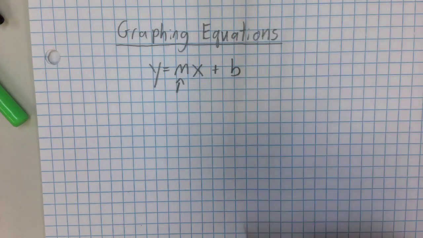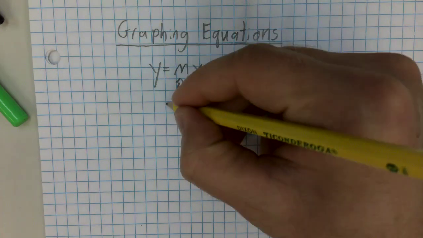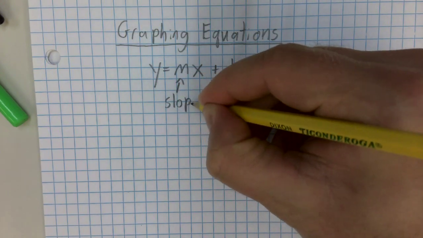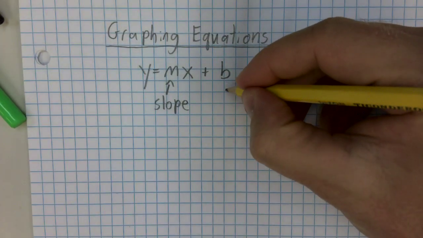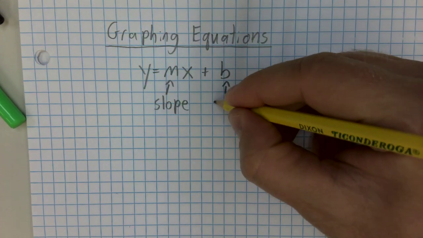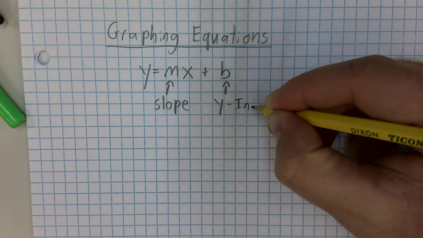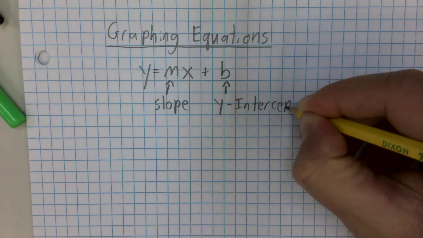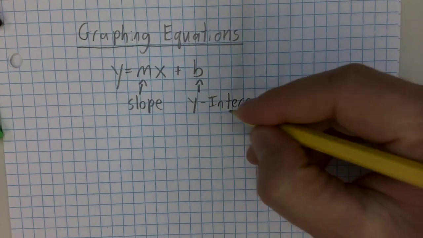So that m, you might recognize, is going to stand for our slope. And our b term is going to stand for the y-intercept. Now, what's the y-intercept?